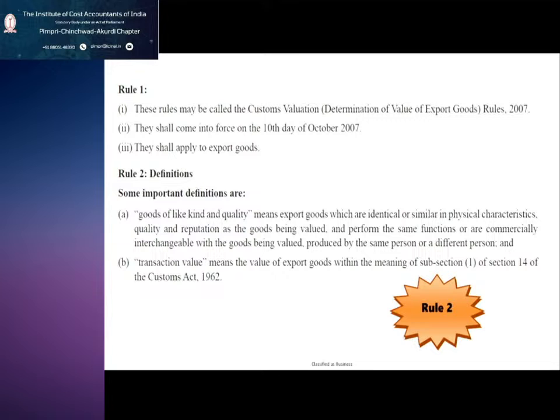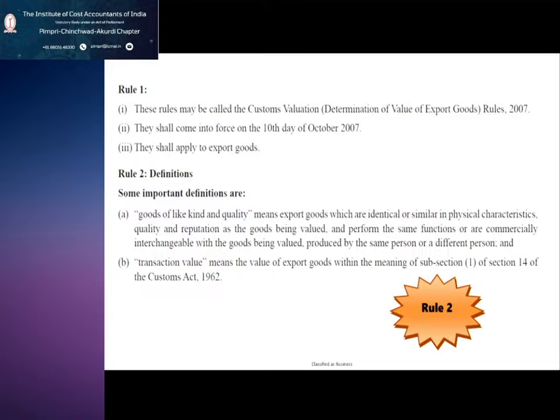So what they do: if similar mobiles have arrived at the port earlier, they go and check all those details, and for identical or similar physical characteristics, the same value they consider for the mobile which I have shipped. On that amount only they calculate the duty. When you come across other problems, you will have a good understanding.